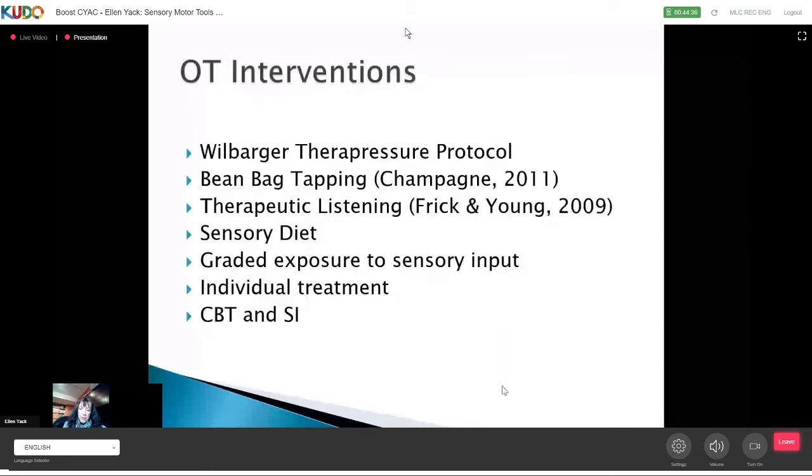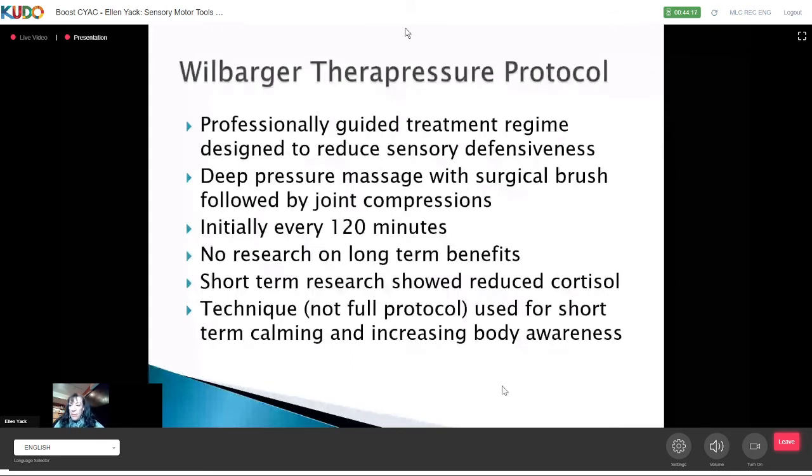Before I talk about the tools that you can integrate in your practice, I'm going to go over specific OT interventions that we use and we might be recommending to clients you might be working with. The Wilbarger Thayer Pressure Protocol is a protocol that was developed by Patricia Wilbarger, and it's designed to reduce sensory defensiveness.